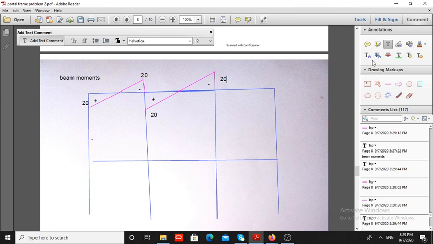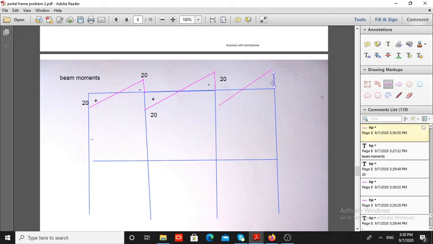Similarly draw the others. So here it is plus.